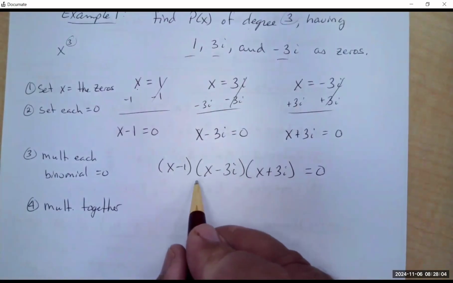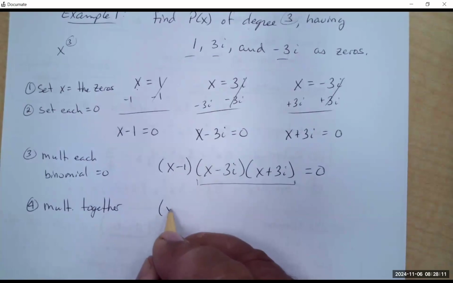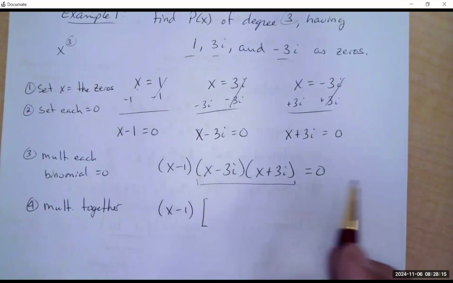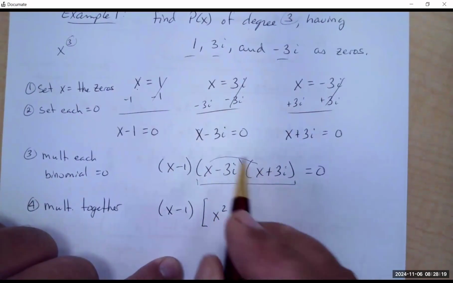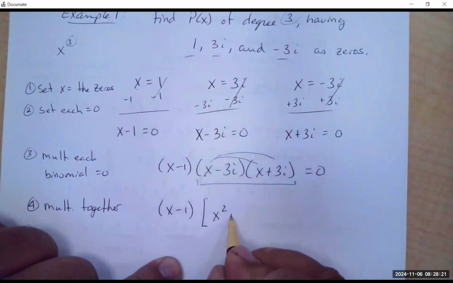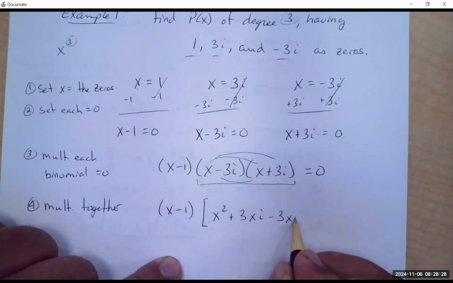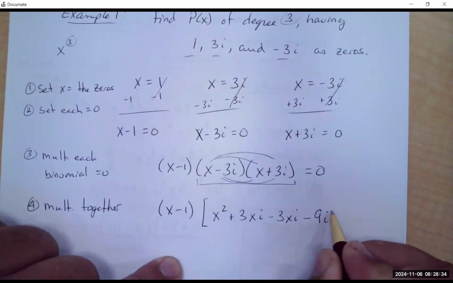Multiply together. So in this one, I do the complex ones first. I multiply those together first. X times x is x squared. Plus 3xi, minus 3xi, minus 9i squared.